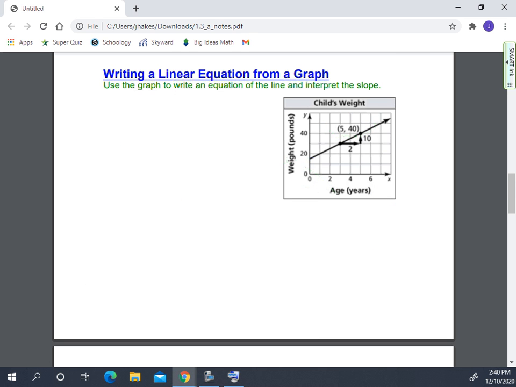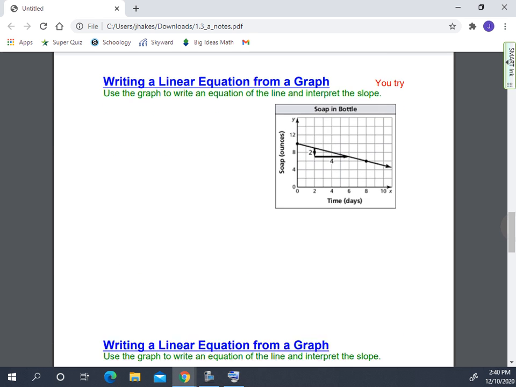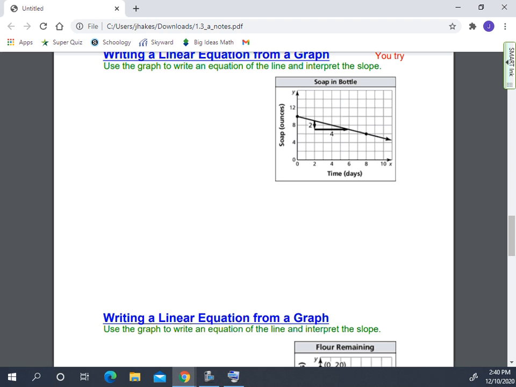Moving forward, this is one you can try. I do want to touch on our slope, or our rise over run. This one, our rise is actually down 2. How do we write down 2?